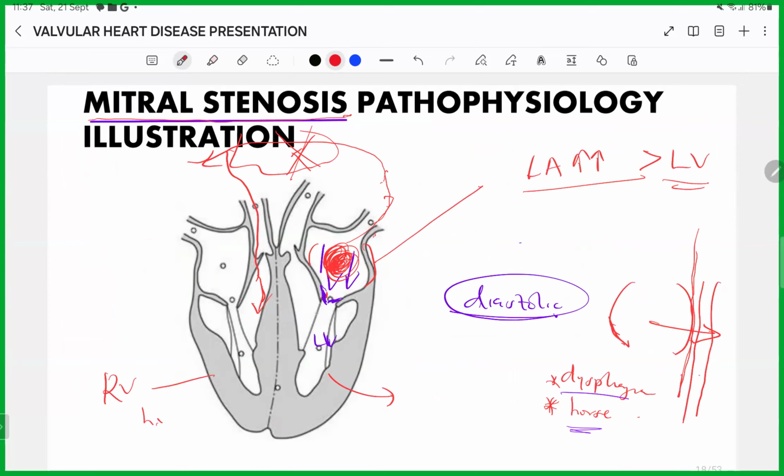So stenosis, we said, is narrowing. When this mitral valve is narrowed, what that means is that you have failure of blood to move from the atrium down into the ventricle.